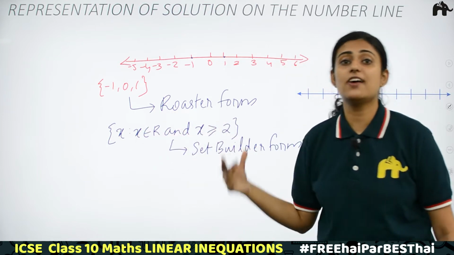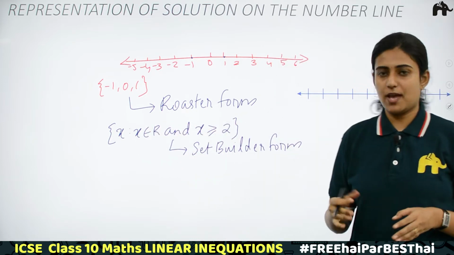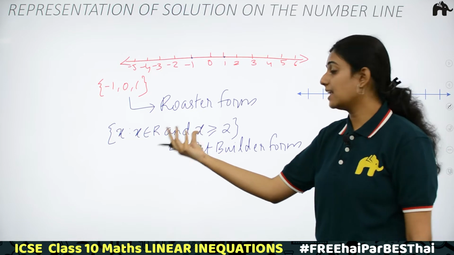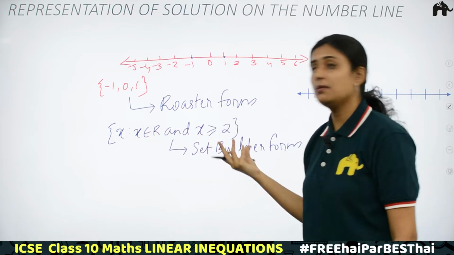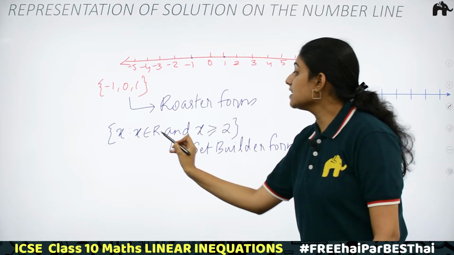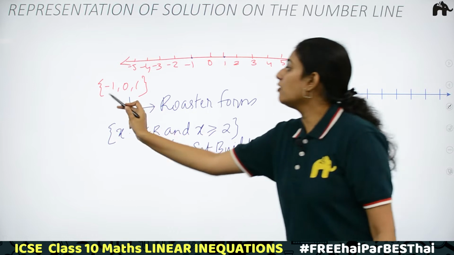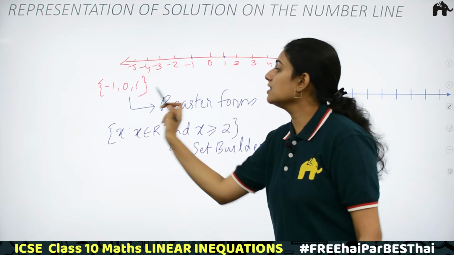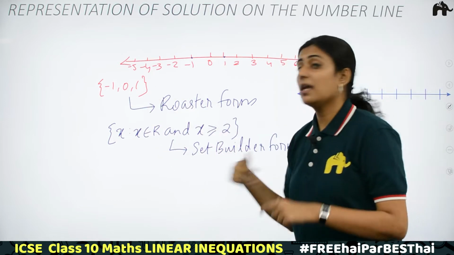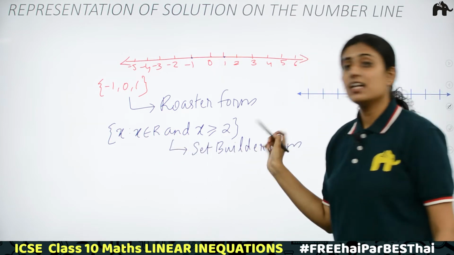We need to first find what the elements are. The elements cannot be represented within flower brackets in this case. If you take x greater than or equal to 2 and the replacement set is real numbers, there are many points, right? Here we have only 3 points, so we could represent it within flower brackets. When there are many points, we cannot put them inside a flower bracket. In that case, we will be giving the conditions only.